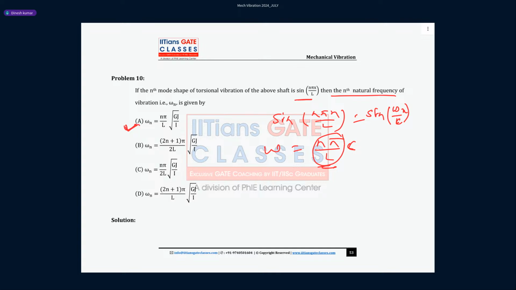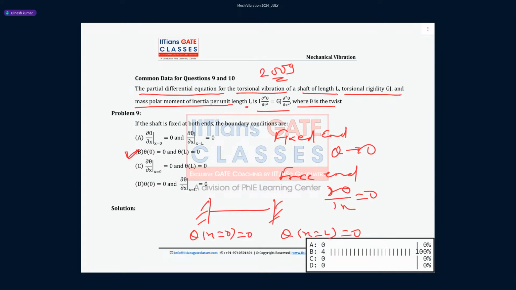Now guys, we can find the c value also. If you see in this problem, usually what governing equation we write: dou square theta by dou x square will be 1 upon c square dou square theta by dou t square. So now guys, from here what will be c square? Anybody?